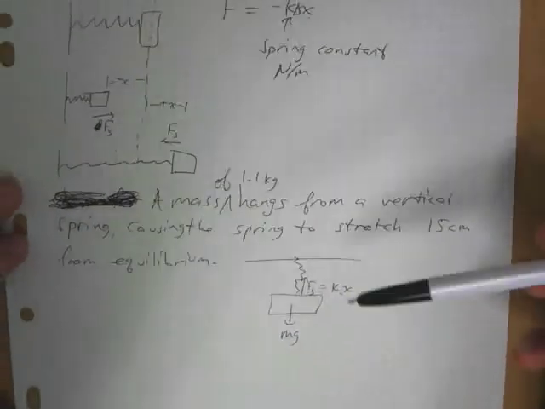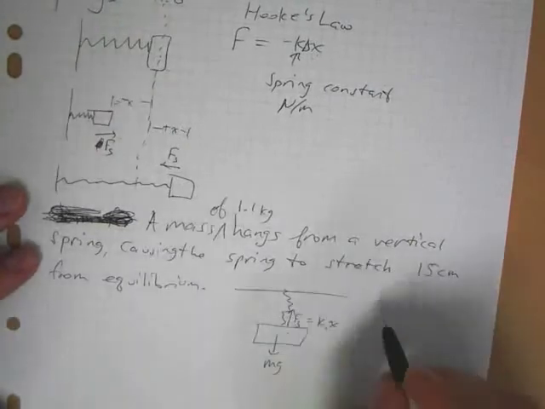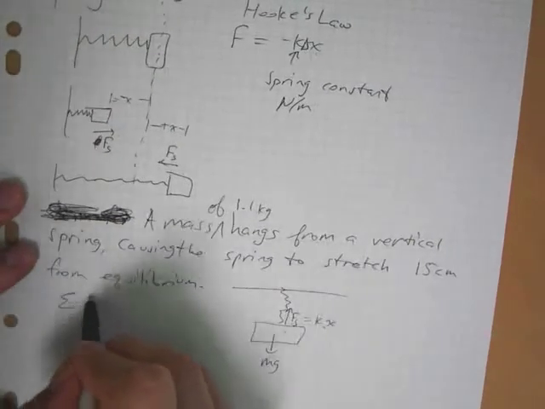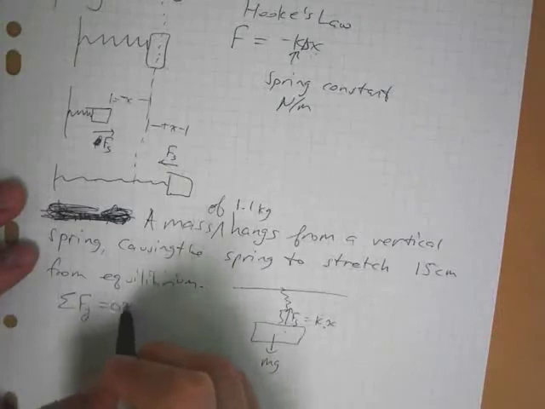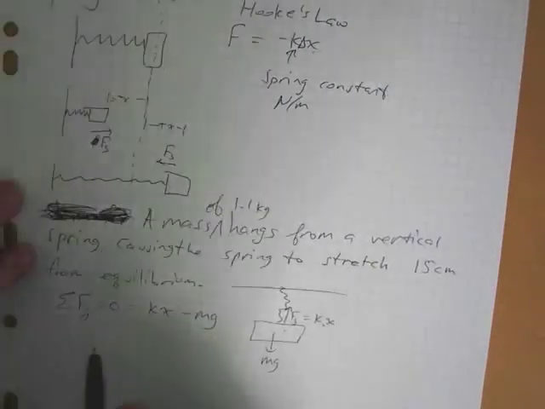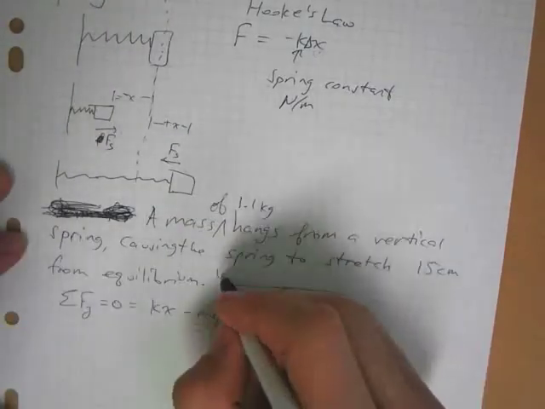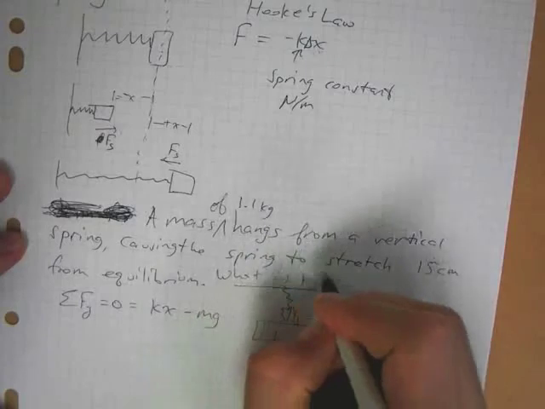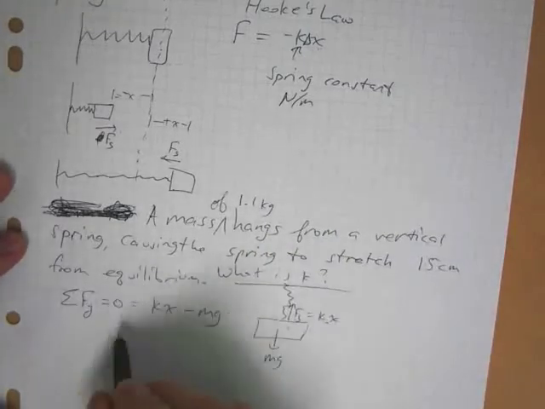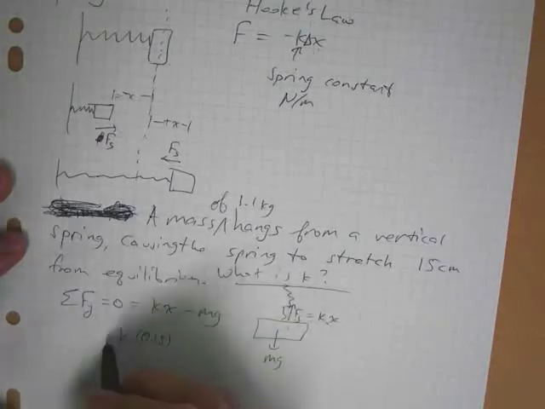So this is pretty simple. It's just hanging there. So the sum of forces in the y direction is 0. We have a force of kx going up. We have a force of mg going down. And then my question is, what is the spring constant? And so we can simply plug in k times 15 centimeters, which is 0.15 meters, equals, if we move the mg over, 1.1 times 9.8.